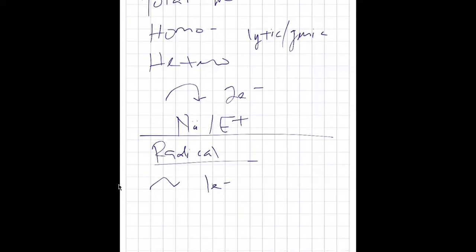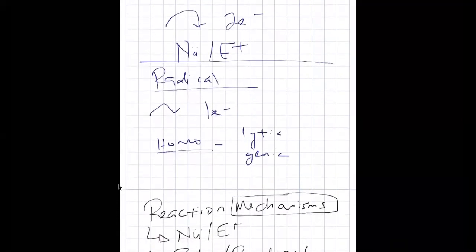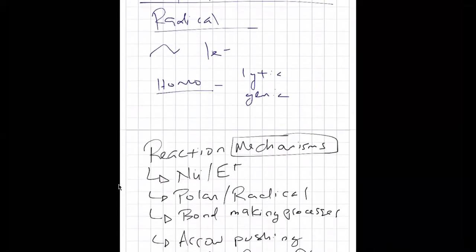And we said that all of your bond making and breaking is homo, either lytic or genic, right? Homolytic is bond breaking, homogenic is bond making, but all of your bond making and bond breaking is either homolytic or homogenic.